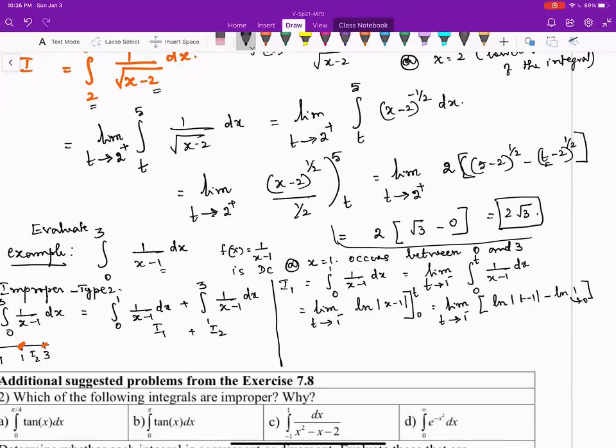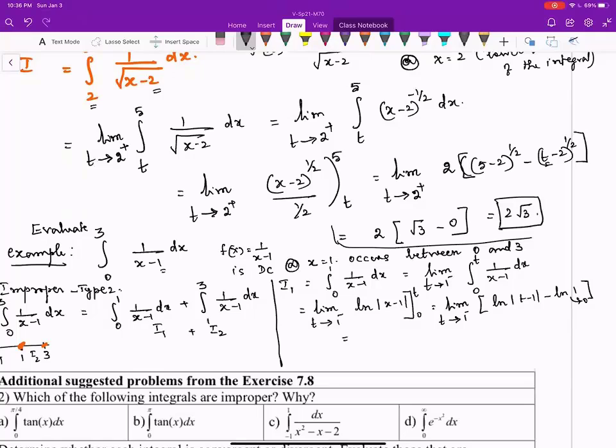So here we have ln of absolute t minus 1 as t approaching 1 from the left. So it will be slightly smaller than 1, and minus 1, so it will be very close to 0, but from the right.